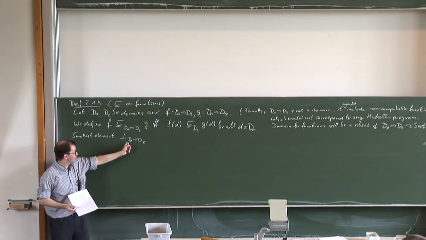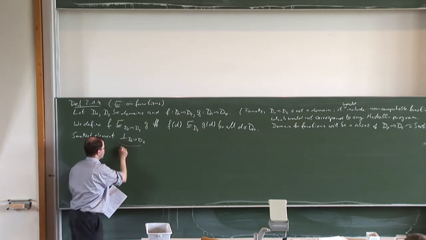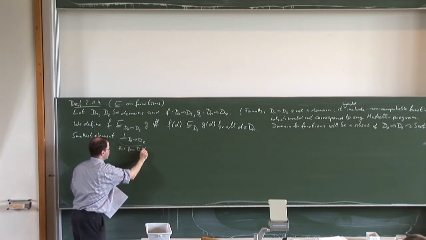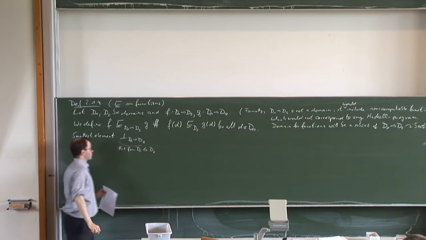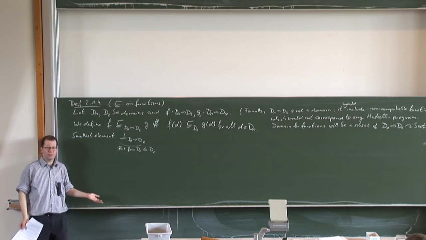We denote this function like this. Now this is a function from D1 to D2, and it should be the smallest function. So what does it do? How does it look like?